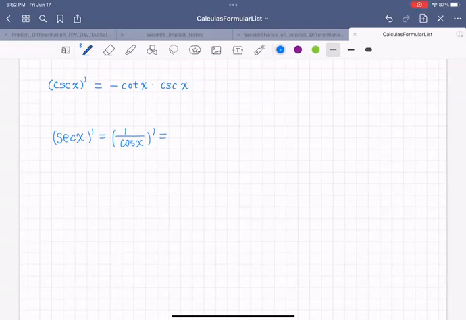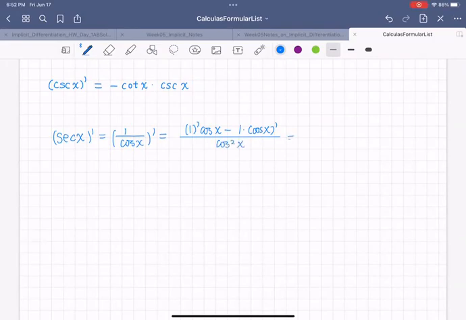I'd use the quotient rule. Sure, let's do the quotient rule. It's the derivative of 1 times cosine x, minus 1 times the cosine derivative, over cosine squared.